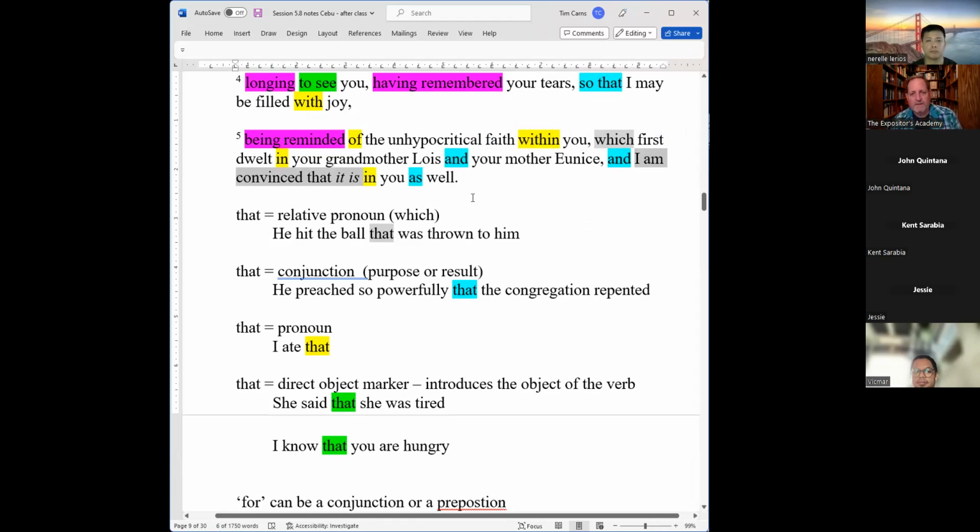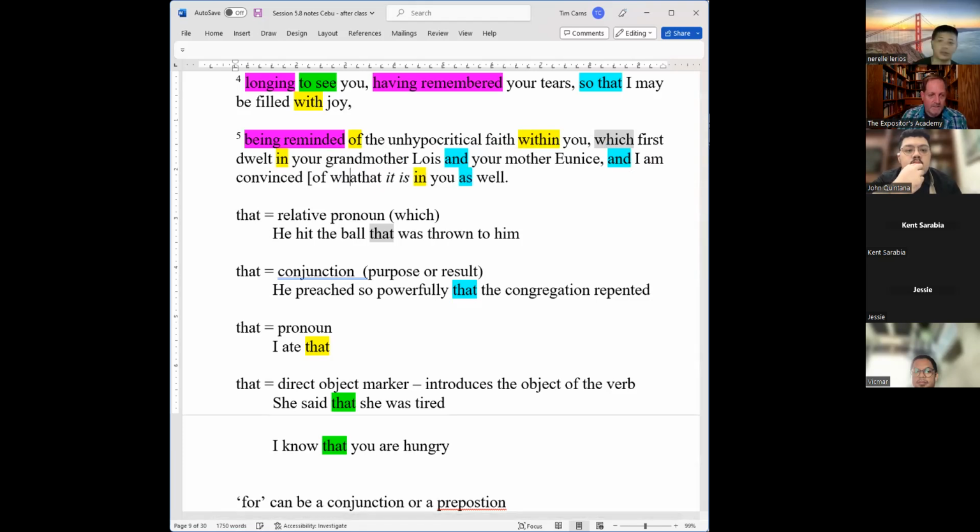Any questions about that? There you go. That is a pronoun. There's a few words like this. So it's a pronoun, Pastor Tim. The "that" there, in this verse, is introducing the object. I am convinced of what is the idea. I am convinced that, and then he tells them what he's convinced of.